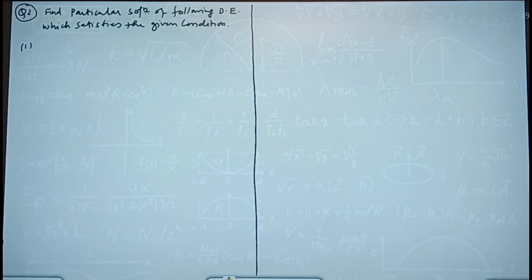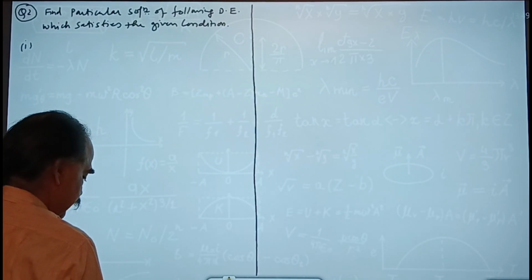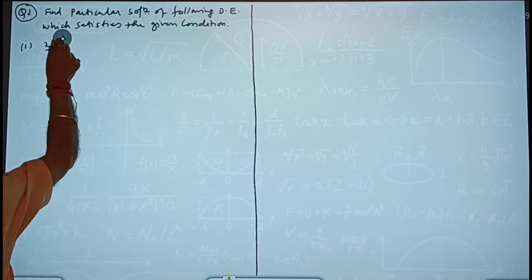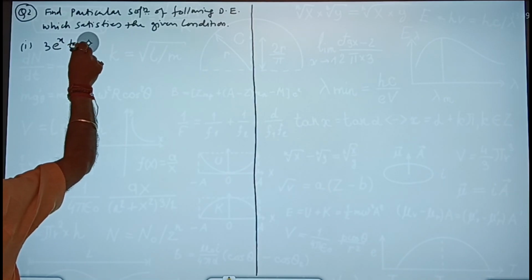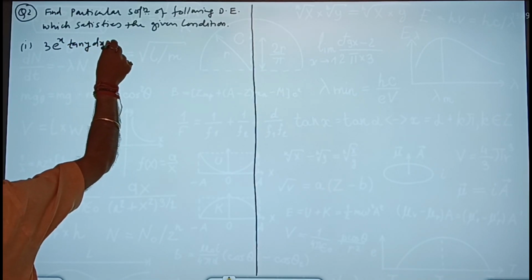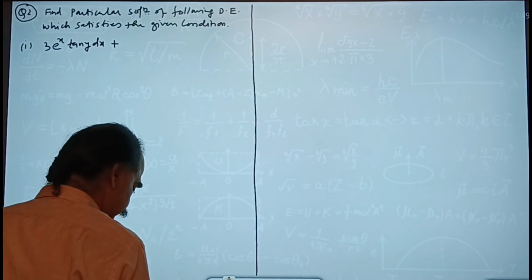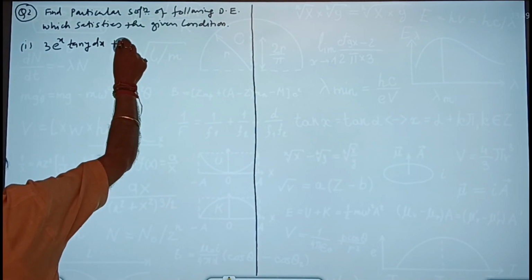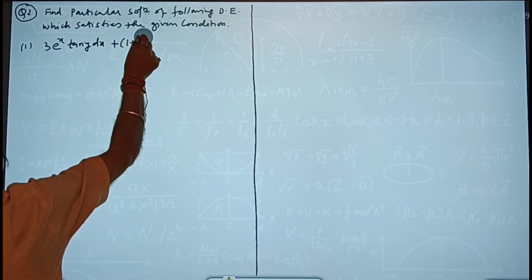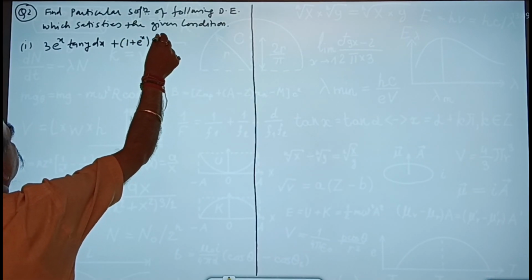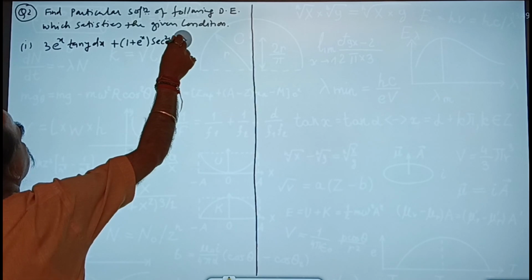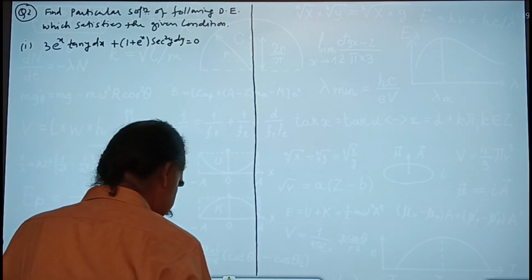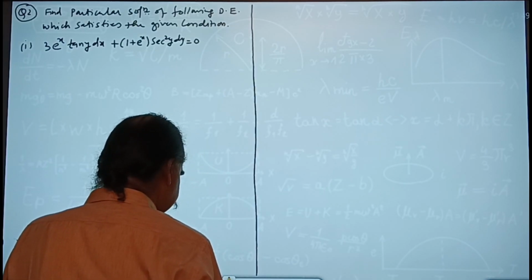In this, first one is 3 e raised to x tan y dx plus 1 plus e raised to x square y dy is equal to 0. And the condition is what?